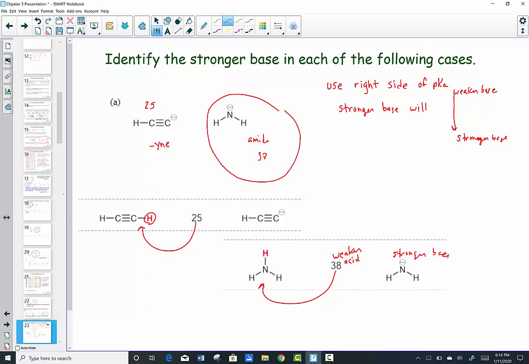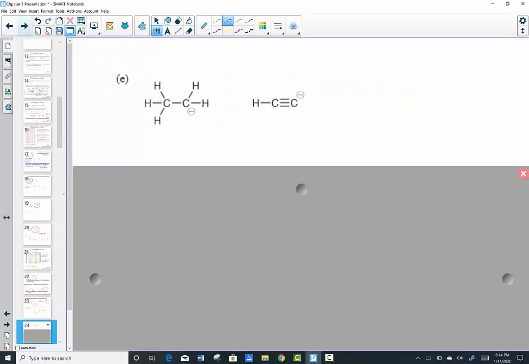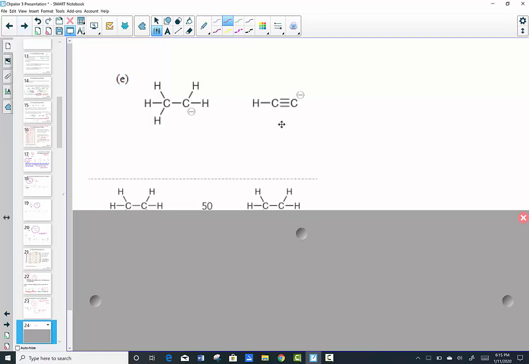And the terminal end hydrogen of the ine has a pKa of 25. So clearly you see that this is the weaker acid, and therefore its conjugate must be the stronger base. We getting it? Oh yeah.